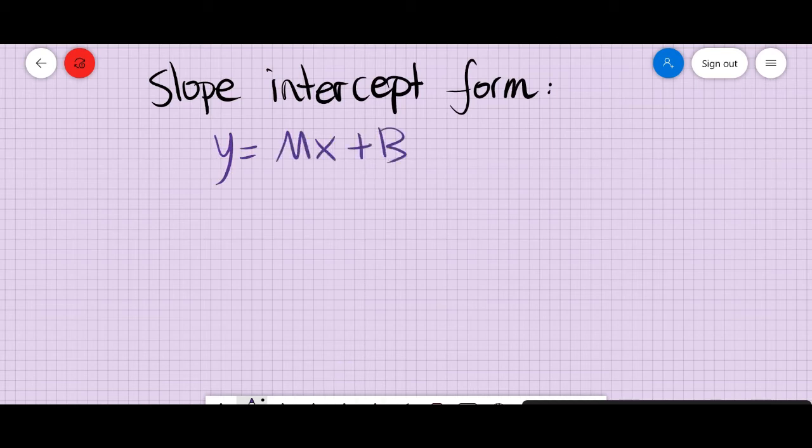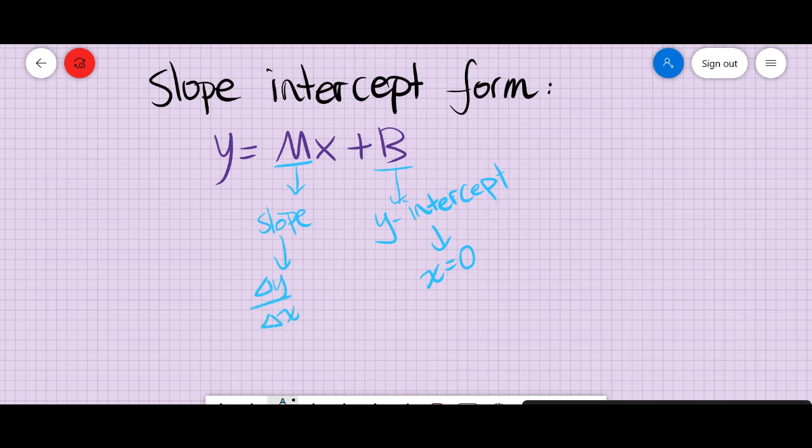So the m is the slope, while the b is the y-intercept. What is the y-intercept? The y-intercept is when x equals 0. And the slope is the change in y over the change in x.